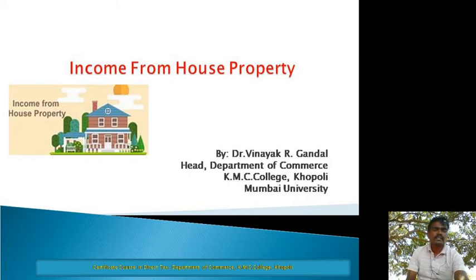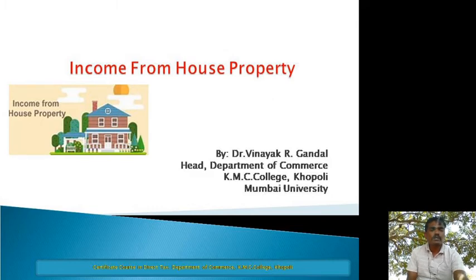So friends, keep it in your mind, according to the Income Tax Act 1961, self-occupied house property is not chargeable to tax, means there will be no income tax on self-occupied house property, but there is a procedure to use the specific format for the calculation of income or loss from house property.